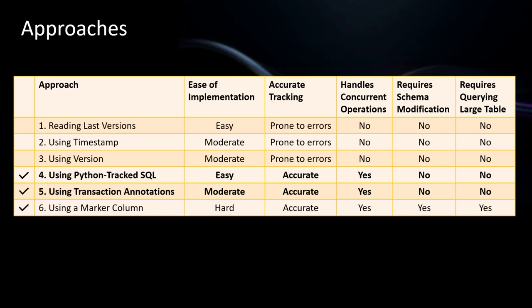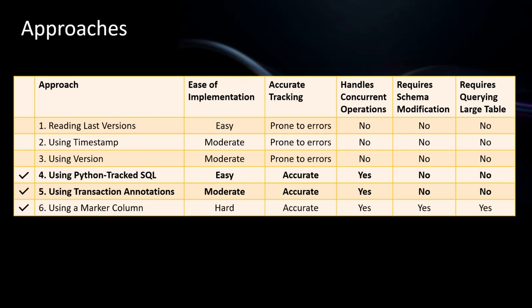Once you have the log entry from the Delta table log, you can get the stats. And this works really well with concurrent operations as well. If you compare the fourth and fifth one, both work really well. The only thing is the fourth one is a bit easier to implement compared with the fifth one.